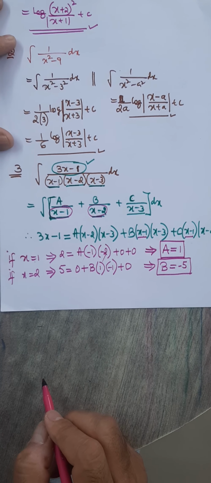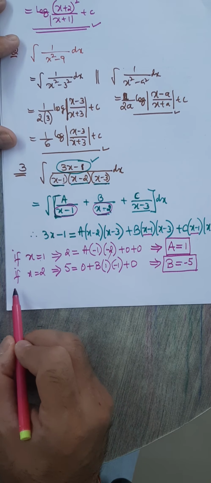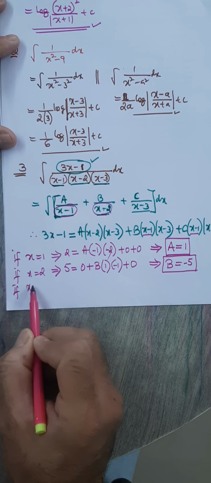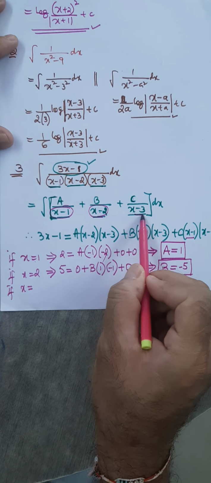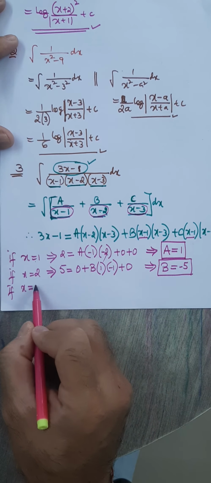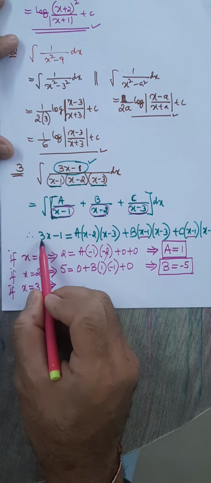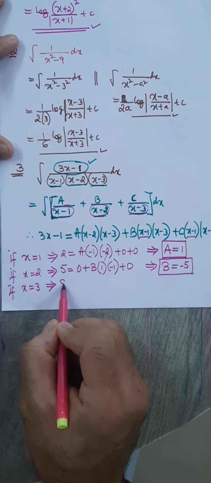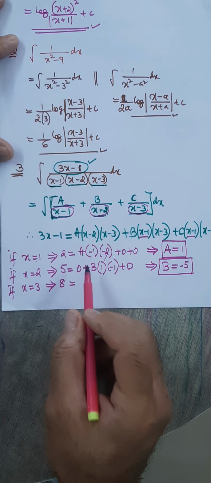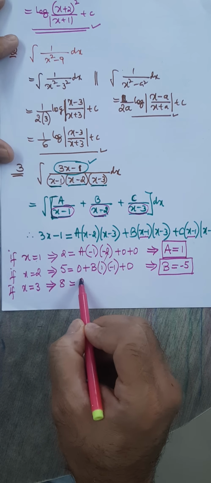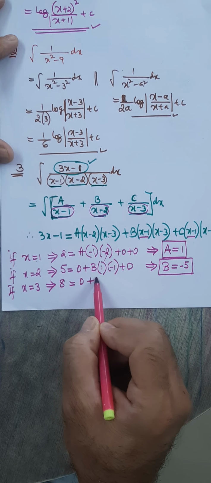And the last one, that is, next, I choose x in such a way that this becomes 0. So x equals to 3. So 3 3s are 9 minus 1, which is 8. If I put 3 here, this is 0. If I put 3 here, this is also 0.